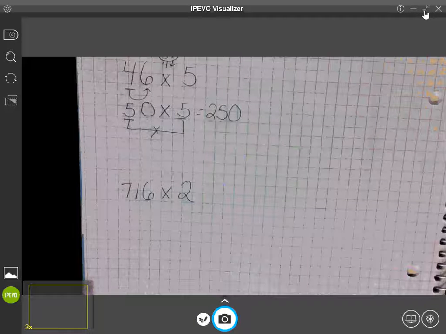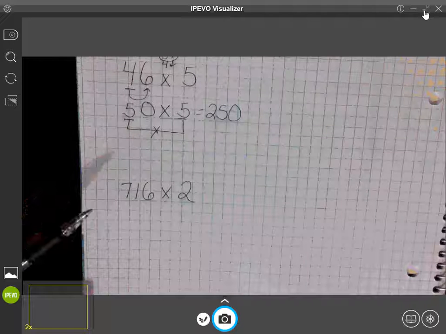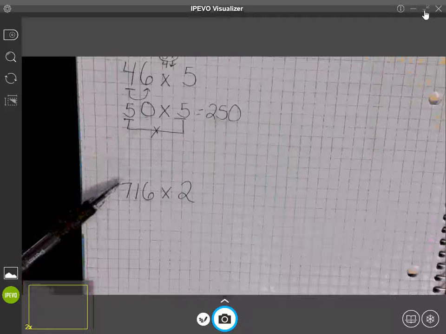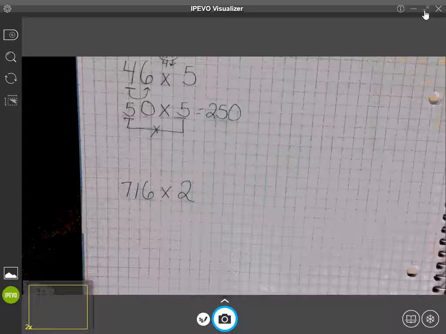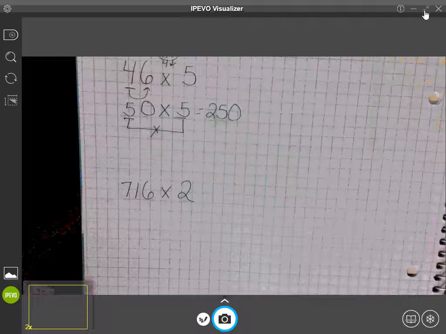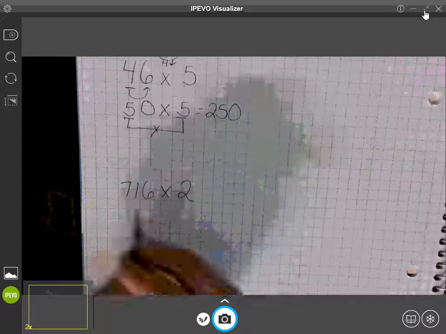Good. Now, to solve this, boys and girls, and to find the estimation, I still round to the greatest place value. So what is the greatest place value of 716? Carmela. The hundreds place. Very good.